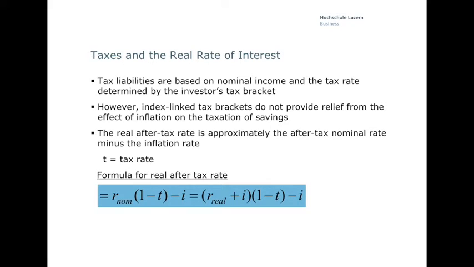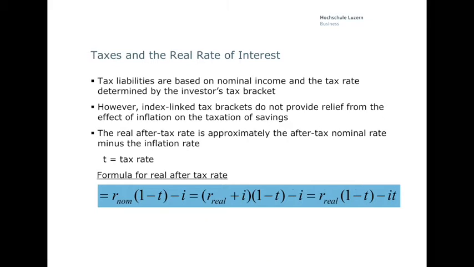As the next step, multiply the brackets. So you will get the real rate minus the real rate times tax plus inflation minus inflation times tax minus inflation. So if you take the real rate, you get the real rate times 1 minus tax minus the inflation times the tax, and the inflation plus and minus will cancel out. This results in the formula as shown on this slide.